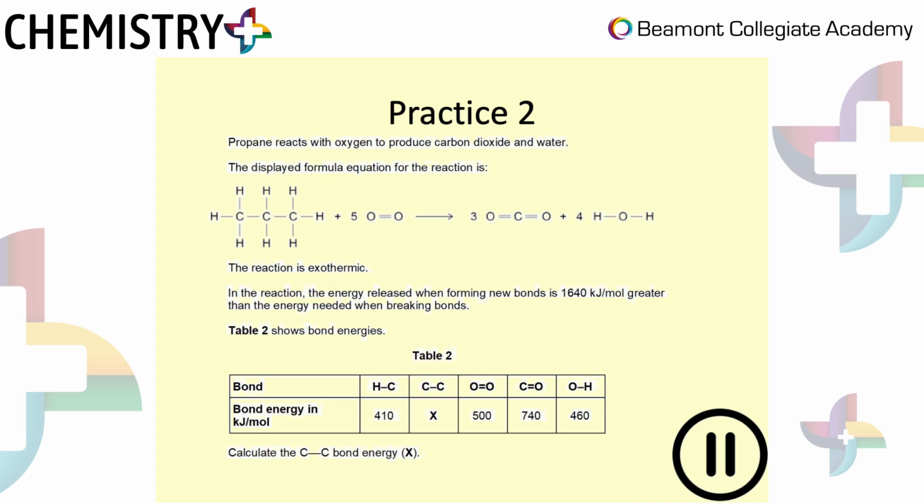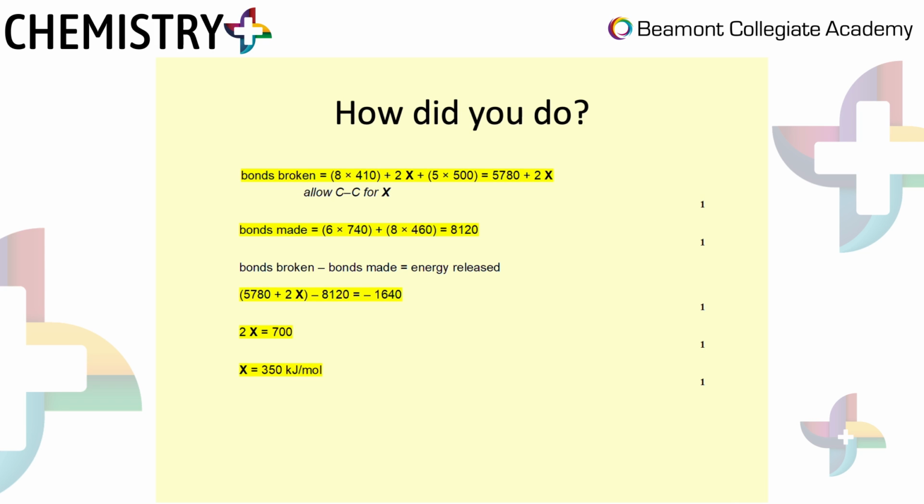This is a 5-mark question, and then check against the mark scheme. How did you do? Remember, marks for bonds broken, marks for bonds made. Putting them into a calculation, in this case finding 2x, and then finding x alone.